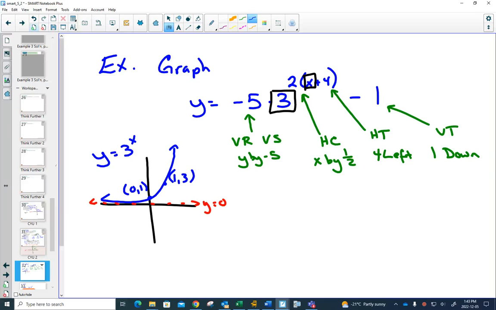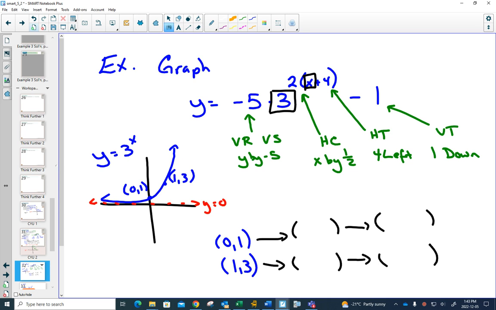And so we can take our original points, do the stretches and compressions first. So above here, I'm going to say, I know I'm going to multiply my y by negative 5, my x by a half. Then I'm going to go 4 to the left and 1 down. What happens?